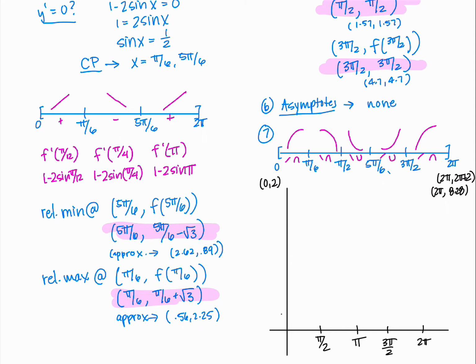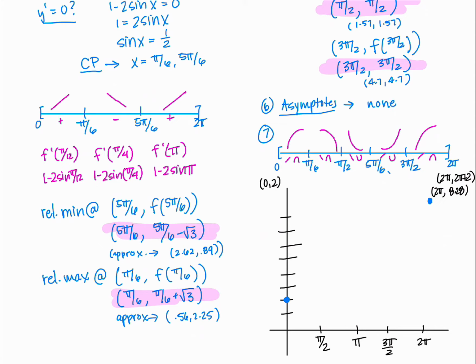So let's say maybe 1, 2, 3, 4, 5, 6, 7, 8, and there are some markings on my y-axis. All right, so I'm going to make sure I plot all my important points. So 0, 2 was the y-intercept, and it was the end of my interval. 2 pi, 8.28-ish was the other end of my interval, so I plot that as well.